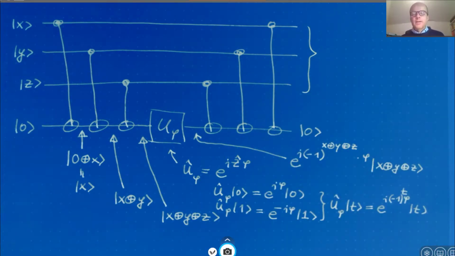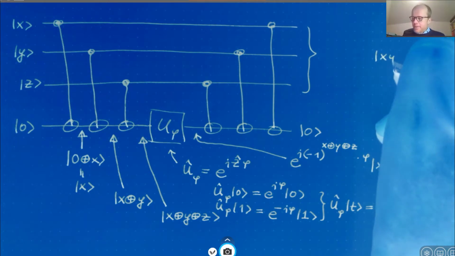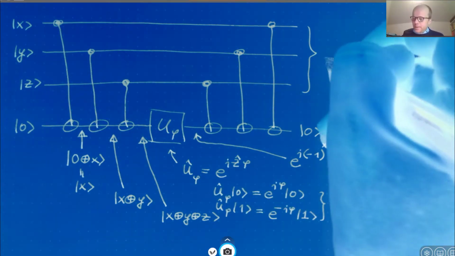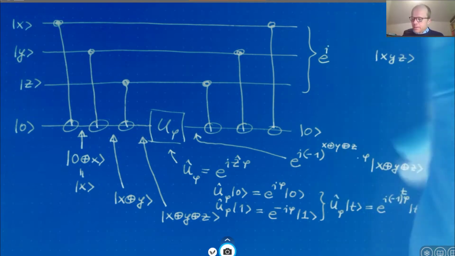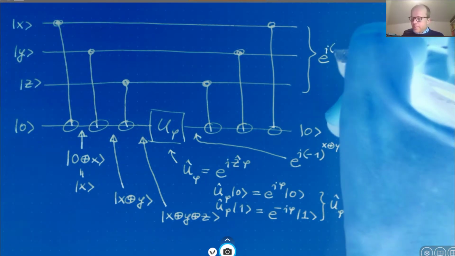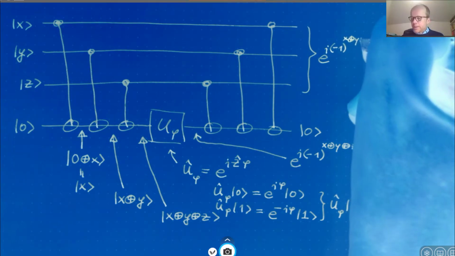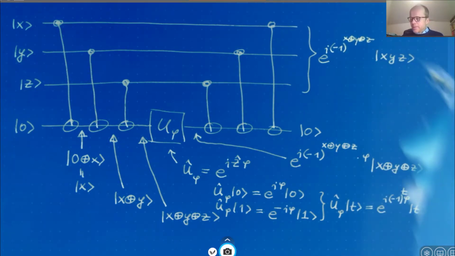So we can put it this way: the three qubits at the end are in the state x, y, z as before, but they have acquired a phase factor e to the I, and then -1 to x plus y plus z, times phi.